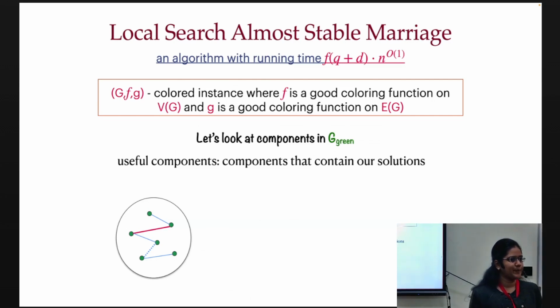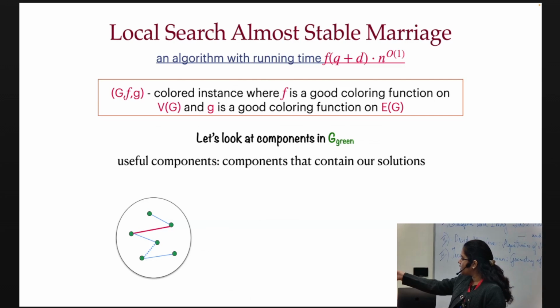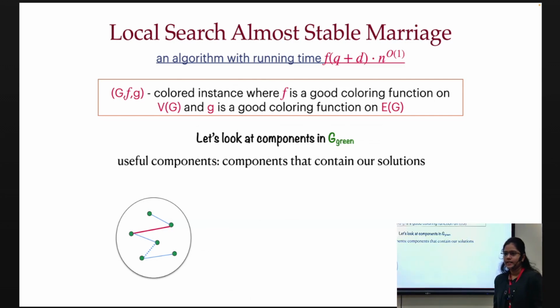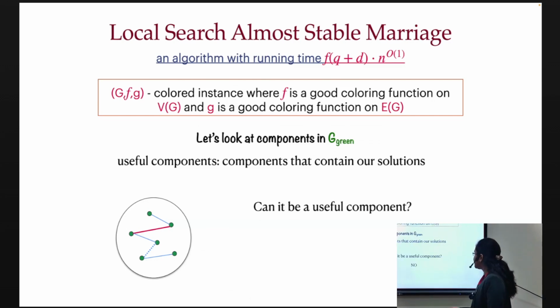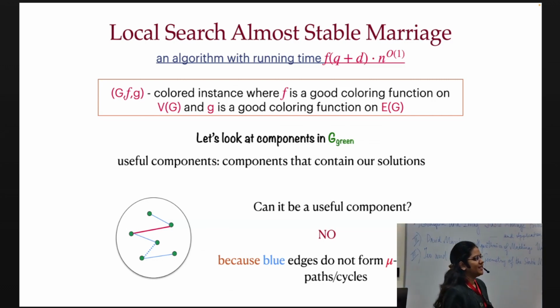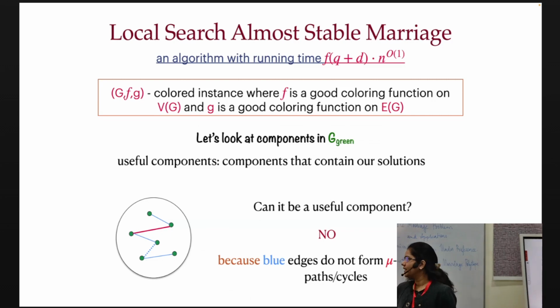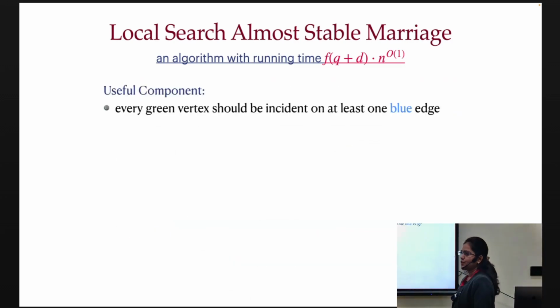No. Because look at that blue edge, that is not a symmetric difference edge. This one, the top one, just one edge. Where is its dotted part? So this is also not a useful component for me. Okay? Just get rid of those components, all these components.